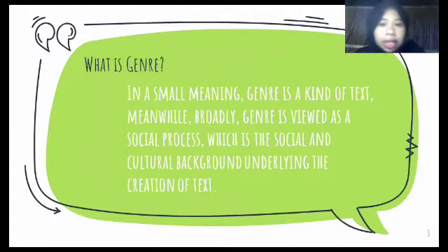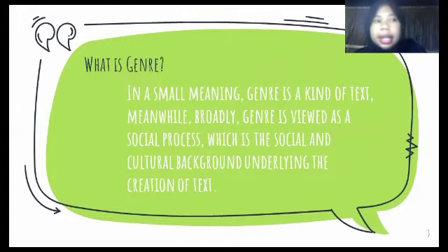In a small meaning, genre is a kind of text. Meanwhile, broadly, genre is viewed as a social process, which is the social and cultural background underlying the creation of text. And there are 5 genres for teaching in junior high school. They are narrative text, recount text, descriptive text, report text, and procedure text.